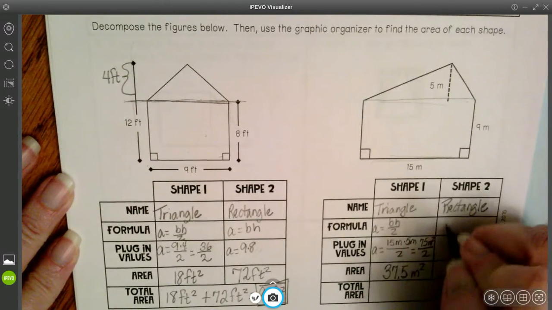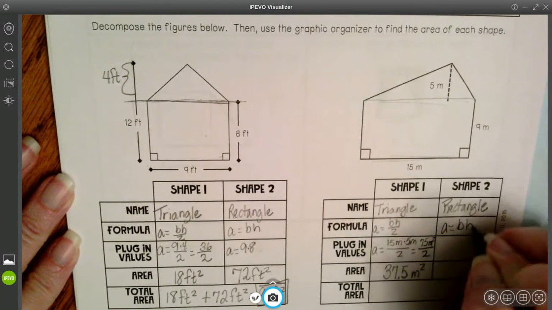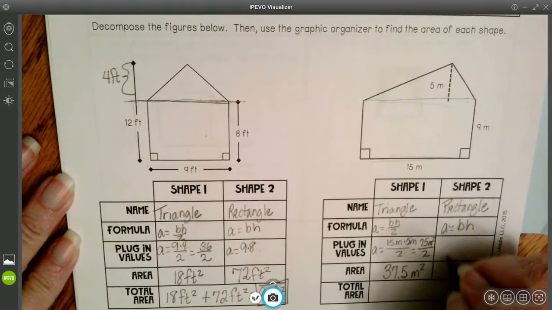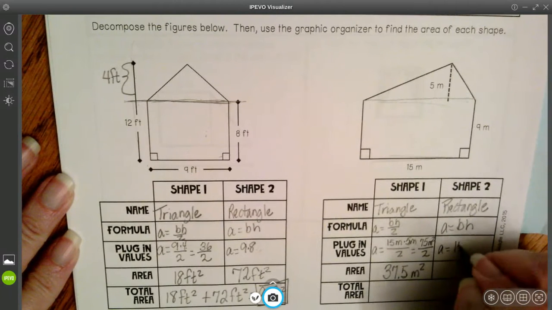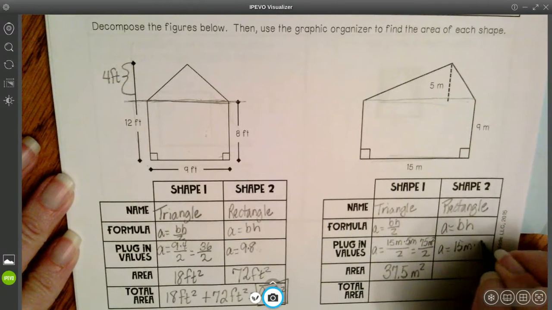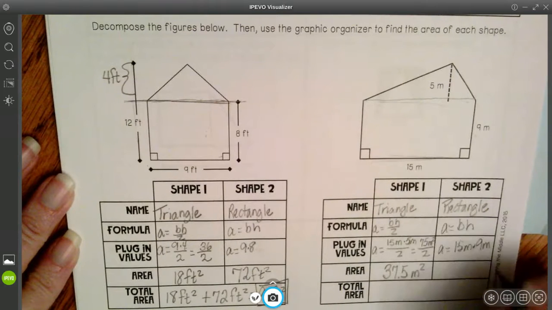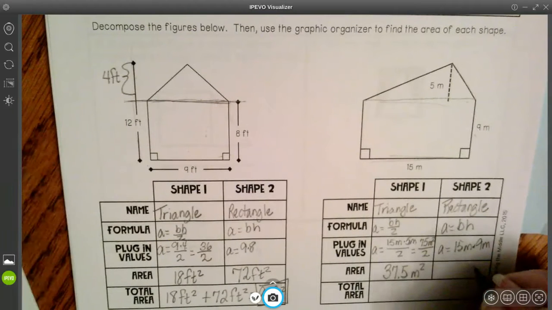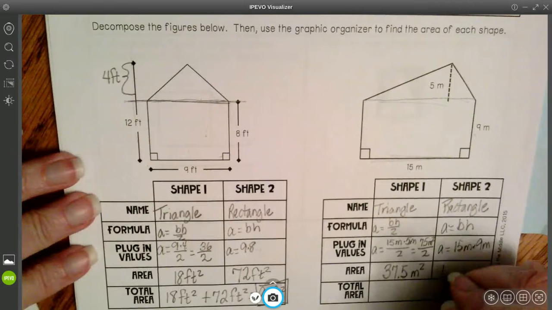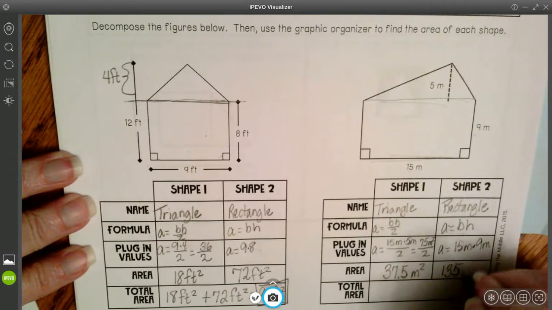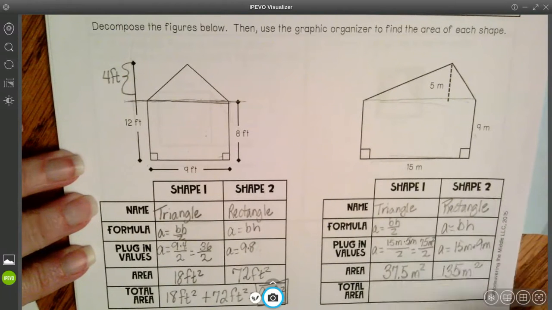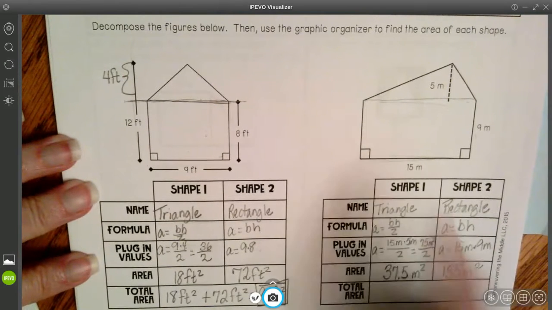Okay, so let's look at shape 2, which is our rectangle on the bottom. Okay, we've got area equals base times height. So we've got area equals 15 meters times our 9 meters, which is our height right here. And 15 times 9 is 135. And meters times meters is meters squared. And now we need to add that together.